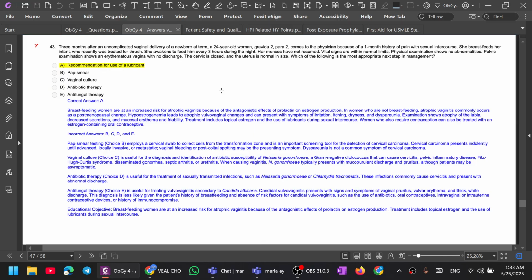Recommend the use of a lubricant. Breastfeeding women are at increased risk for atrophic vaginitis because of the antagonist effect of prolactin on estrogen production. In women who are not breastfeeding, atrophic vaginitis only occurs as a postmenopausal change.